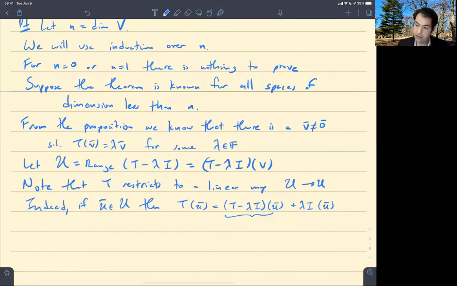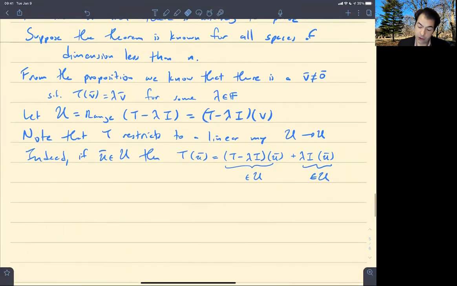Now this is in U because U is the image of T minus lambda times the identity. And this is in U because we know that the range is a subspace. And so if u is a vector in capital U, then lambda times u is also a vector in capital U. And because it's a subspace, if you have two vectors that are both in capital U, their sum is in capital U.